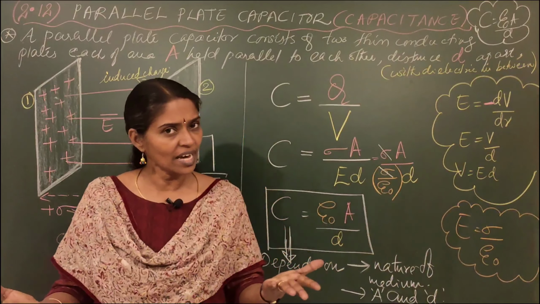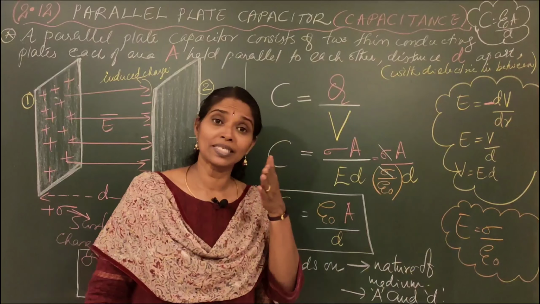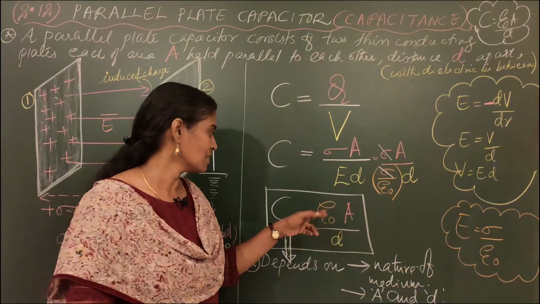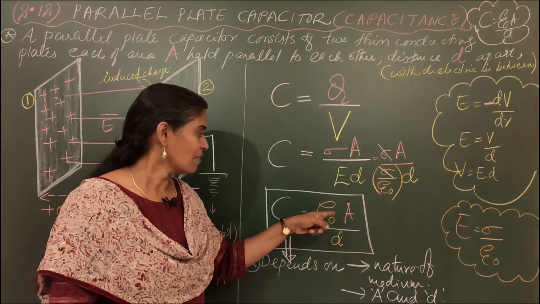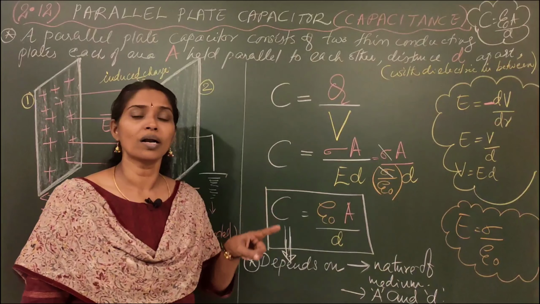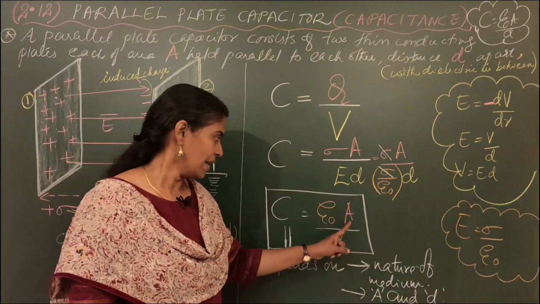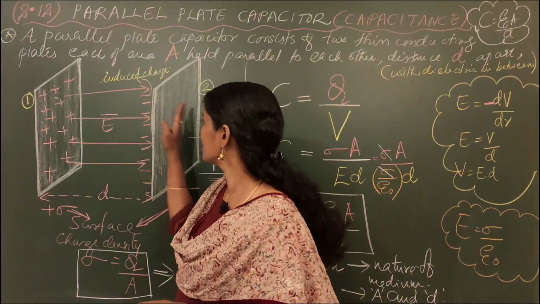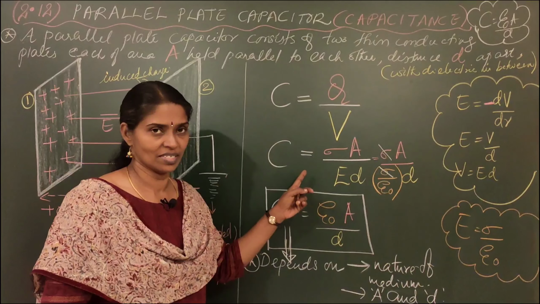If it is other than air or vacuum, instead of epsilon 0 you use epsilon, that is, epsilon 0 epsilon r, depending on the dielectric constant. And as A increases, with a bigger plate area, capacitance increases.